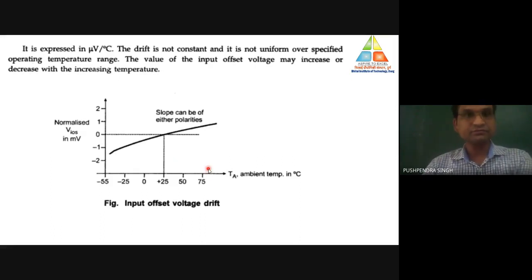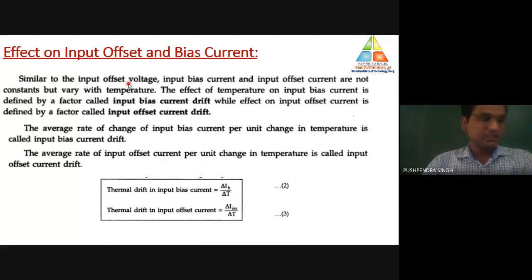Now the second parameter is the effect on input offset current and input bias current. The same definition applies here. Similarly, change in input offset current with respect to temperature is called input offset current drift.